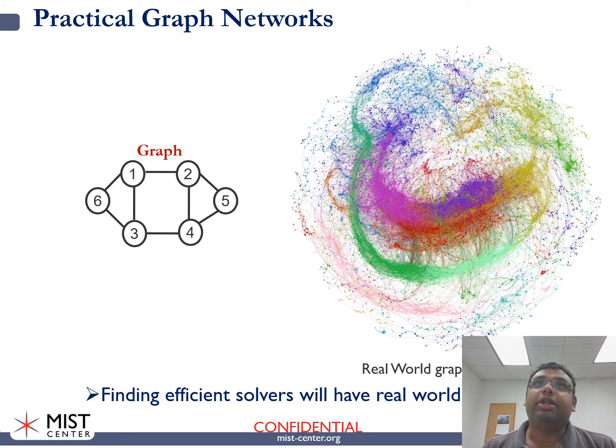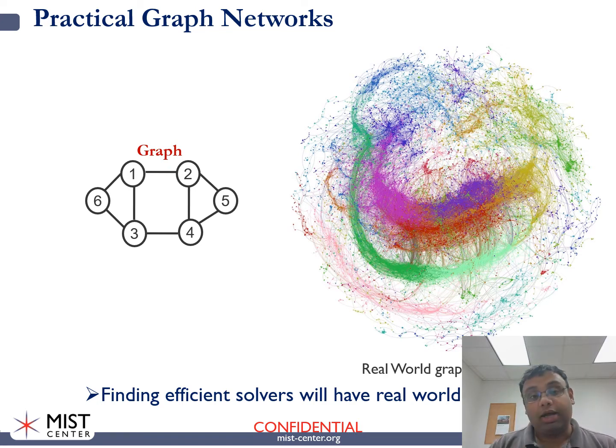And it turns out that solving for those properties in these real-world networks is where these problems become computationally intractable. The idea is that even though smaller graphs are easy to solve, there is an exponential increase in the complexity of the problem as the graph size increases.